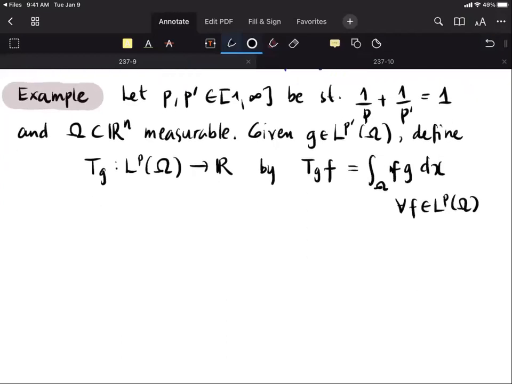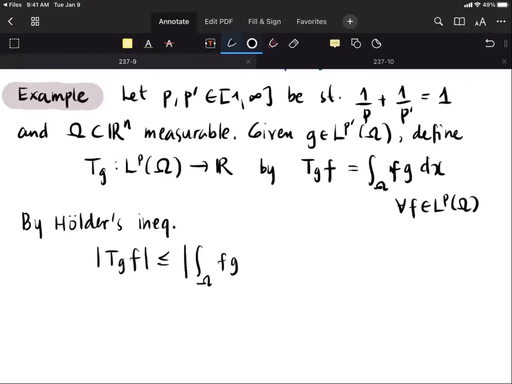Now if we apply Holder's inequality, we know that the absolute value of the integral of the product is less than or equal to the norm of f in L^p times the norm of g in L^p prime.